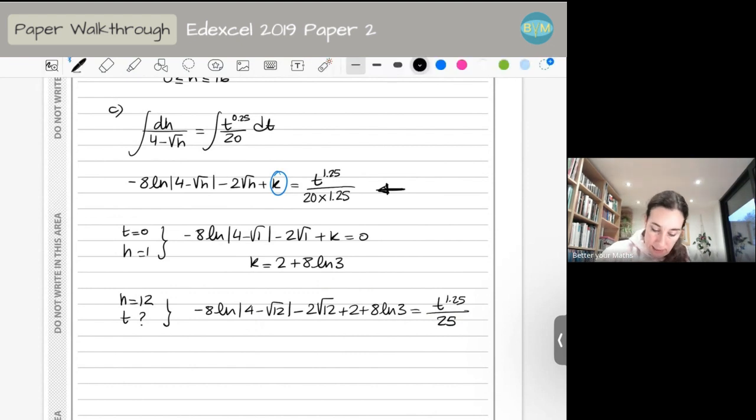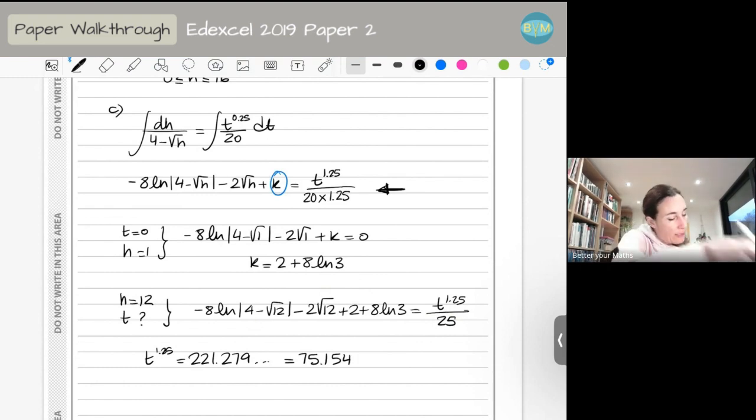So I get that t to the power of 1.25 is 221.279, and then you do the 1.25 root of that value, and I get 75.154 meters, which sounds okay.